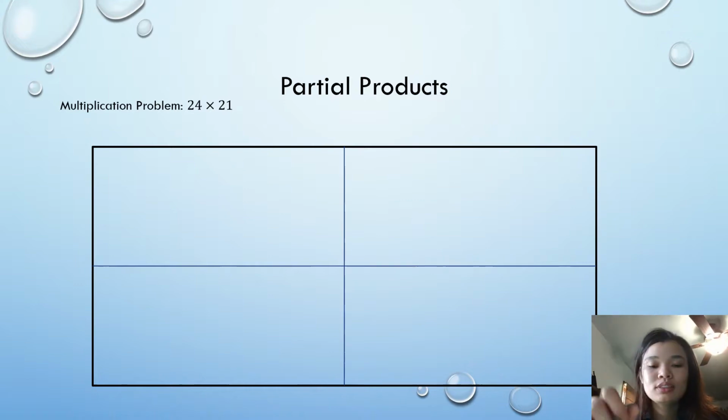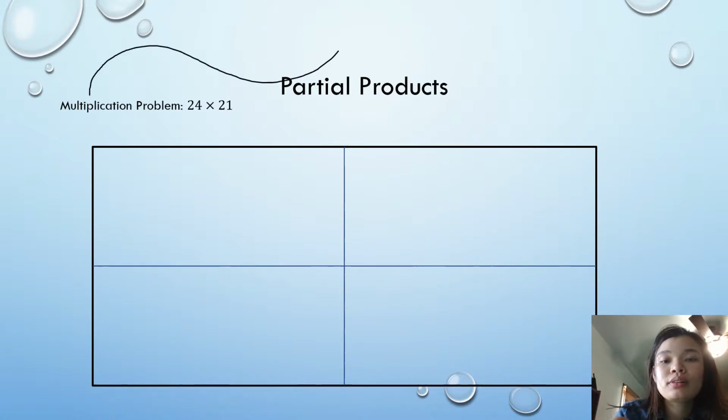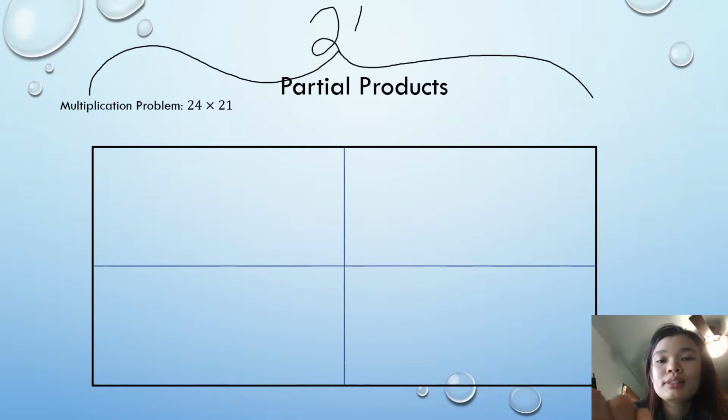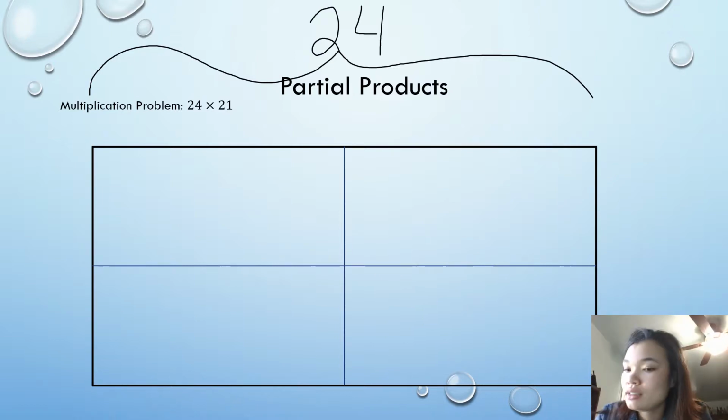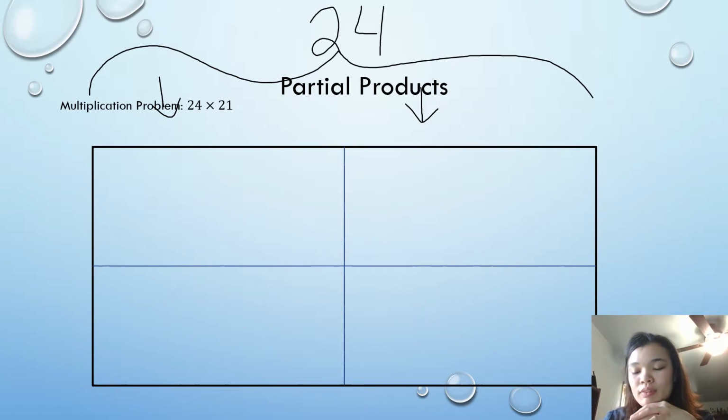So first what we're going to do is label each part. The top part we're going to make our bigger number, okay? So 24. So the top side is going to represent the number 24. If we want to separate our 2 sections on the top, how do you think we can do that?